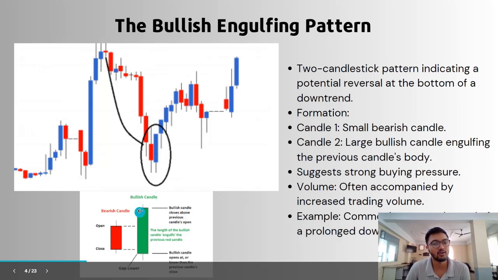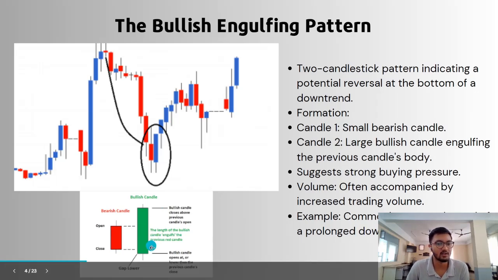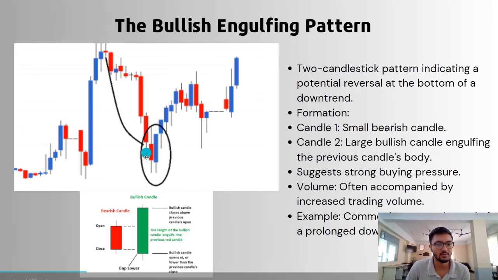That is why it's called a bullish engulfing candle, where the closing price is greater than the previous candle's opening price, and the opening price of this candle is lower than the closing price of the previous candle. As you can see, it has totally surpassed this small red candle.